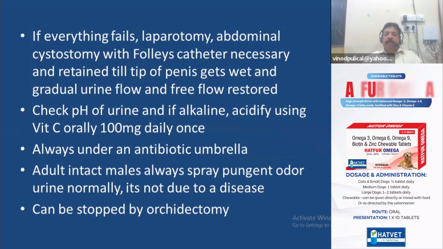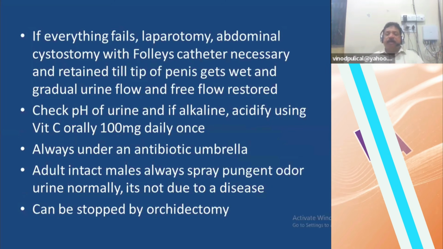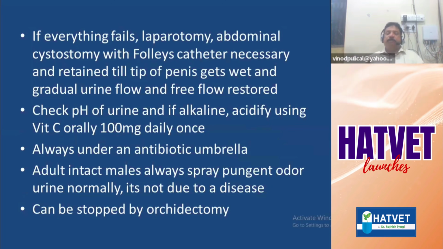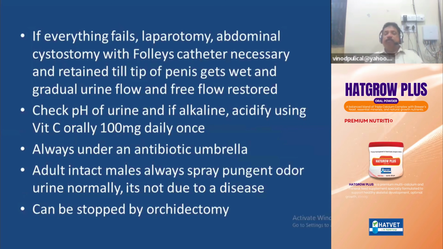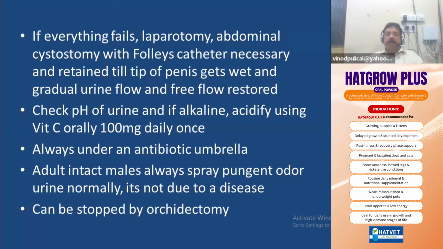Look for the pH and specific gravity of the urine. See, if you are not able to see the urine at the tip of the penis after 3 or 4 cystocenteses, then we can go for a laparotomy. We can go for a tube cystostomy with Foley's catheter. And it can be retained until the penis gets wet, until the urine is flowing out through the penis. It will definitely occur.